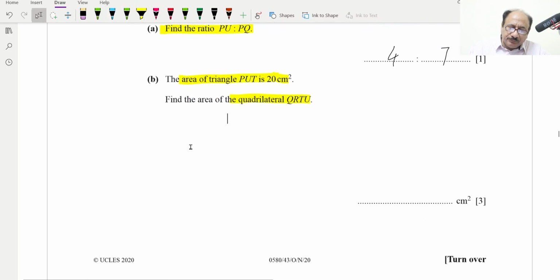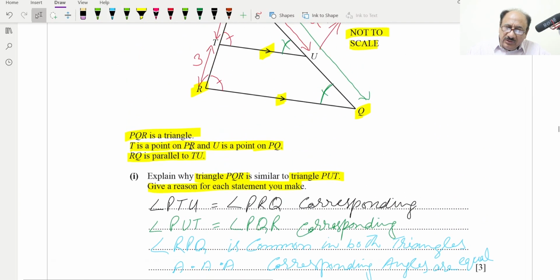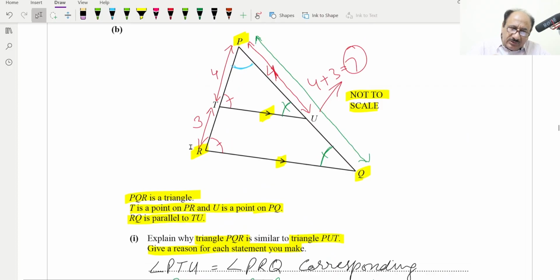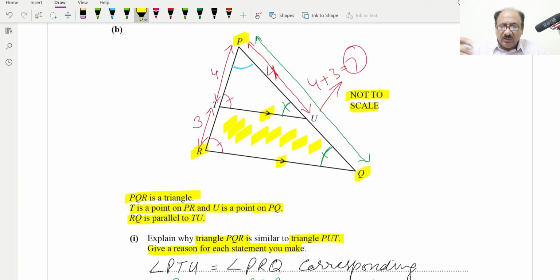So the strategy will be, we need the area basically of this portion. I'll explain first. This portion's area is required, so we will find the area of the smaller triangle and the area of the bigger triangle, and we will subtract the area of the smaller triangle from the bigger triangle, and we will get this required area.